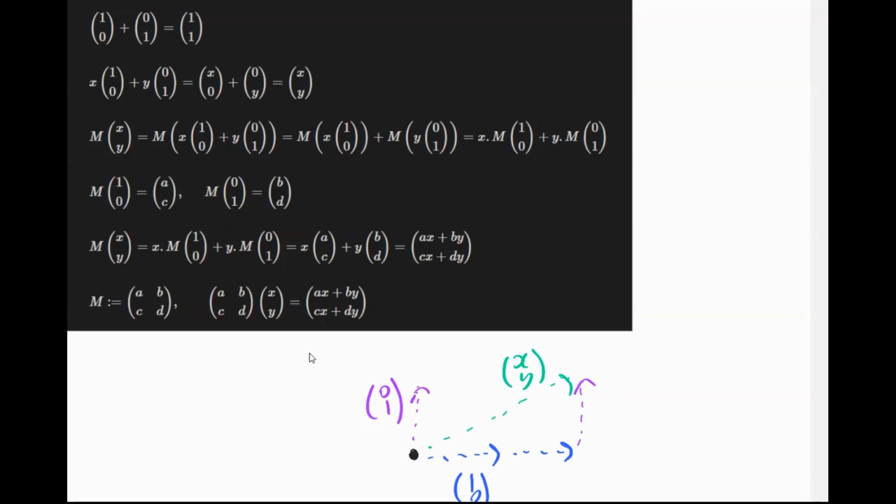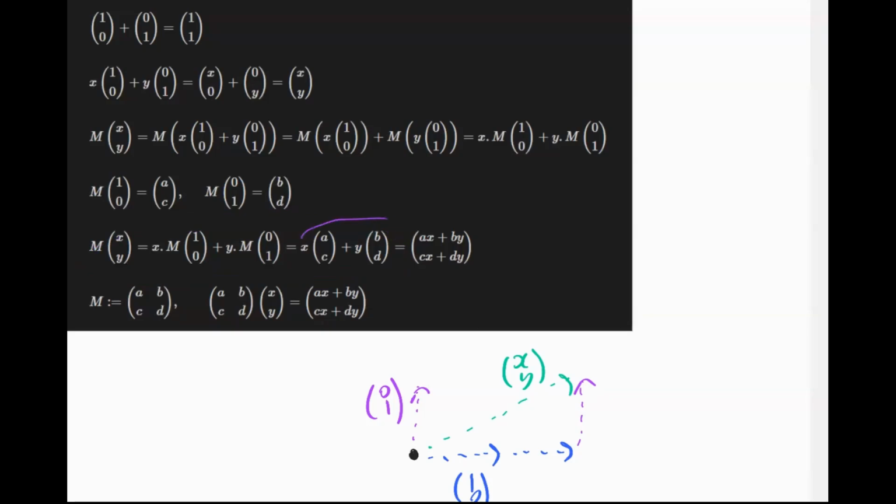So why don't we make some special names for those images? We'll call the first one a, c and the second one b, d. And then this formula just turns into this formula here.